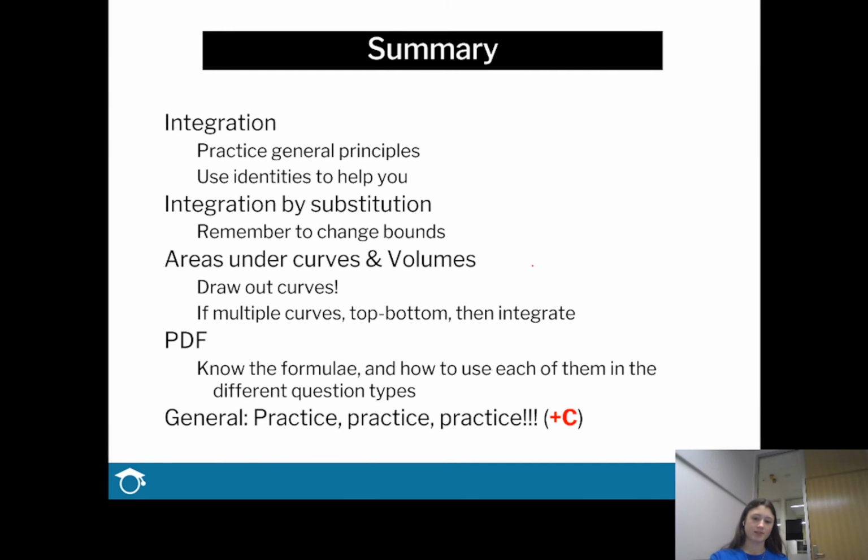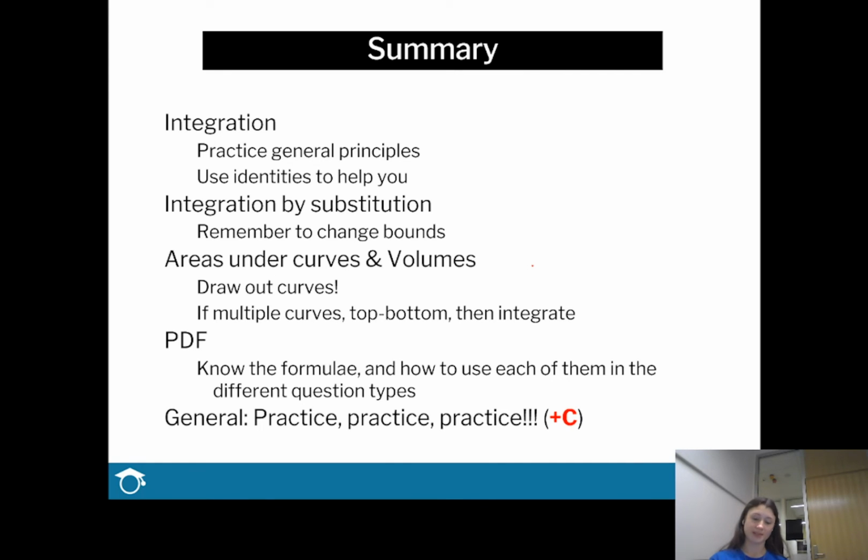So a summary of all of this is integration, practice the general principles, and also get onto the hard questions. Integration by substitution, remember to change the bounds. You're not going to mix up u and x. Areas under curves and volumes, draw out the curves.